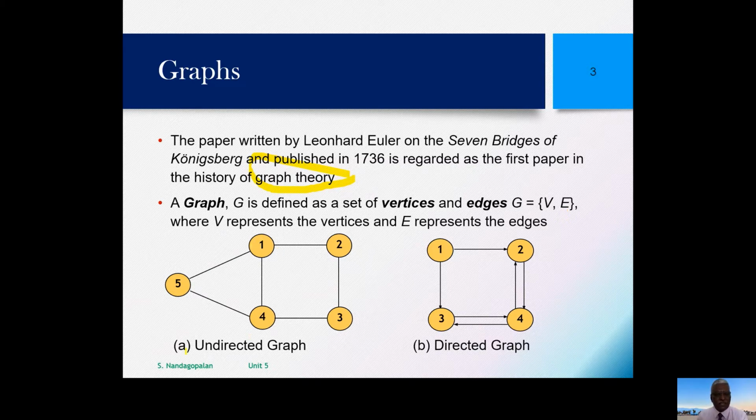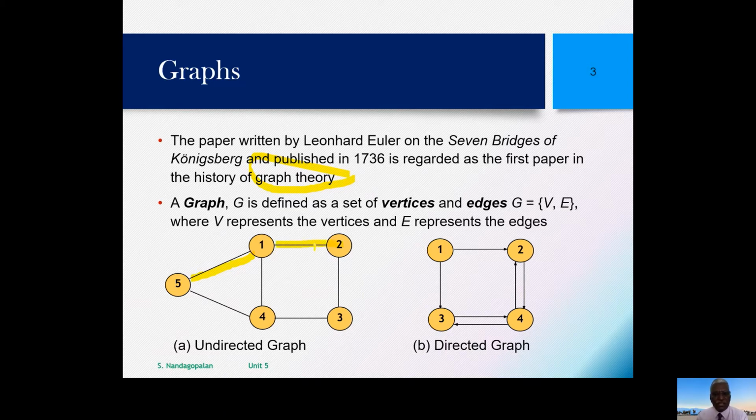You can see here in this figure A. Now you have 5 such vertices. So we have 1, 2, 3, 4 and 5. All these vertices in some way are connected using some edges. These are the edges, for example, between 1 and 5. So normally an edge is represented with a set of vertices, like 1 and 2 you have an edge.